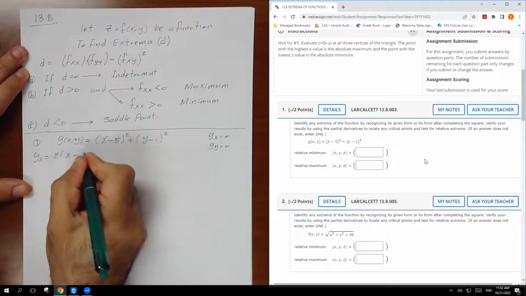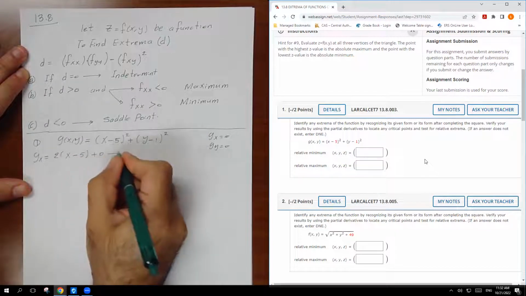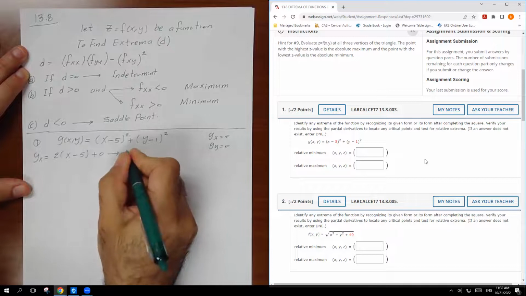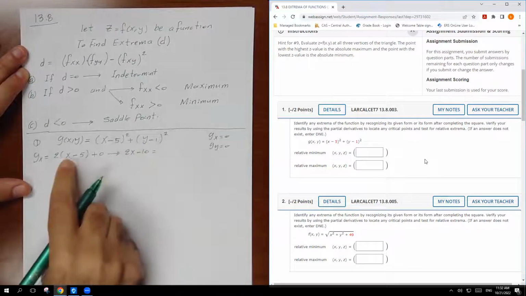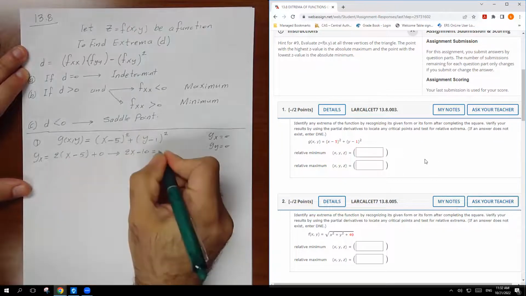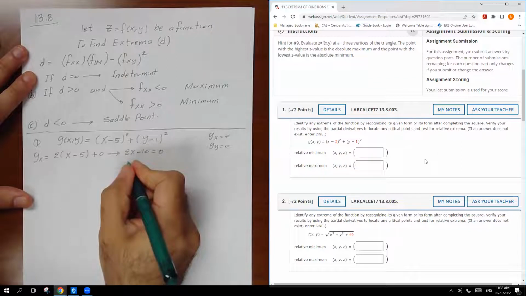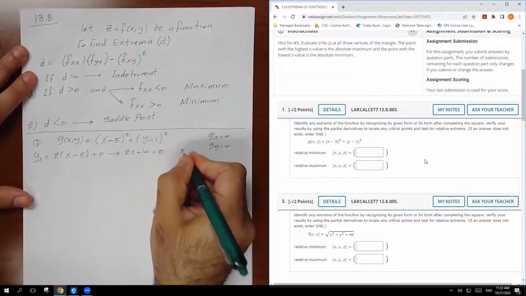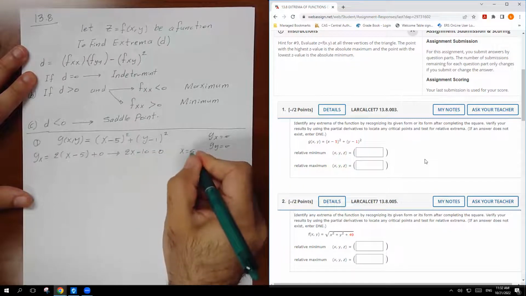And this one is going to be 2x minus 10 equals 0. Because g_x is 0, that means x equals 10 over 2, which is 5.